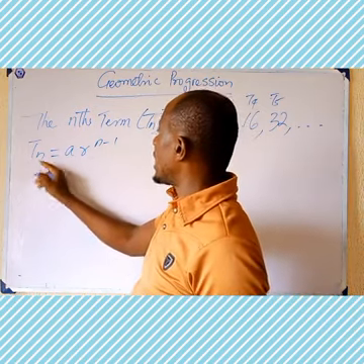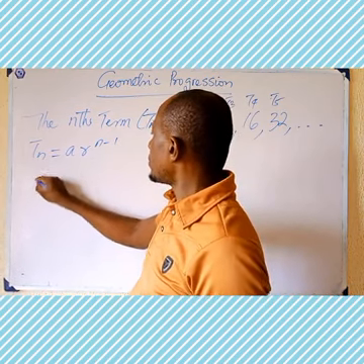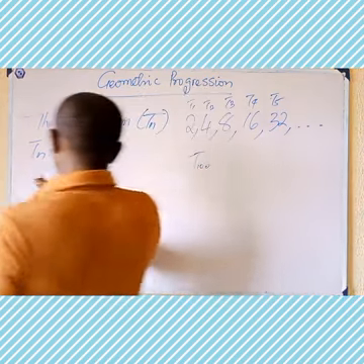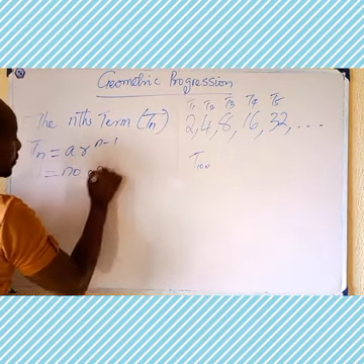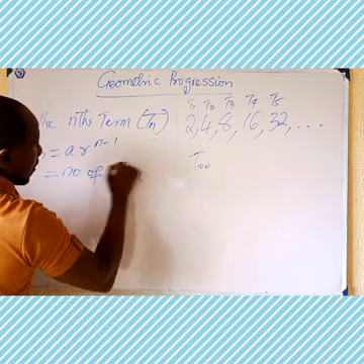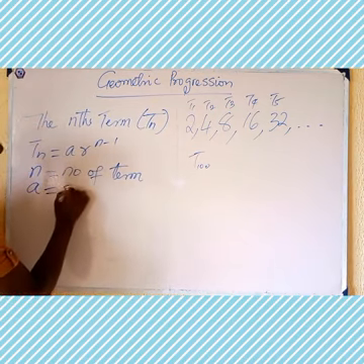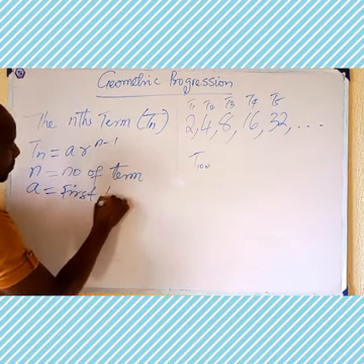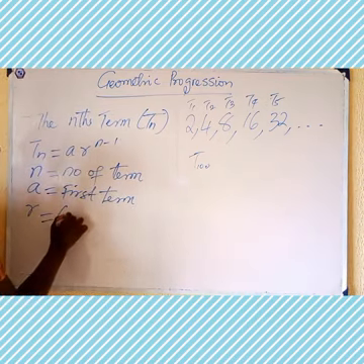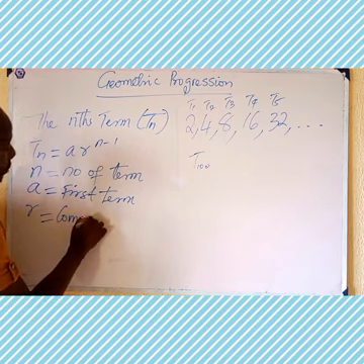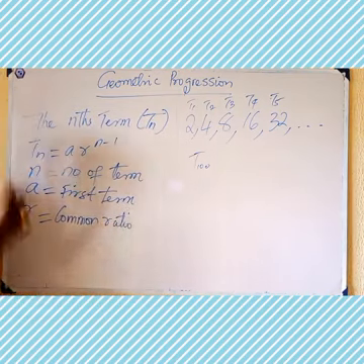Tn we have defined as the nth term. n stands for the number of terms. a represents the first term. r is what we call the common ratio, the fixed number or constant that you use to obtain other terms or the next number.